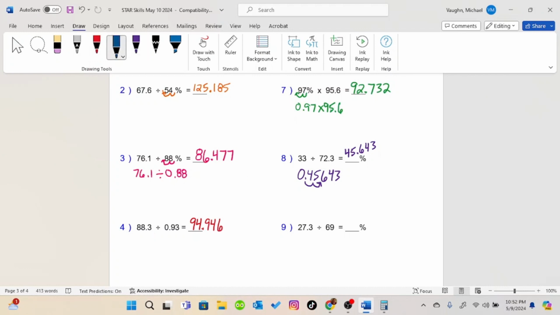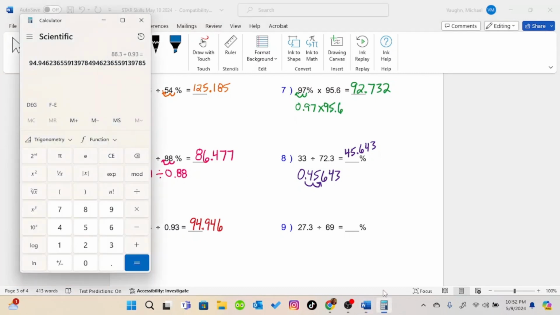Number 9. We're going to do the division and then turn the decimal into a percentage. So 27.3 divided by 69 equals 0.39565.